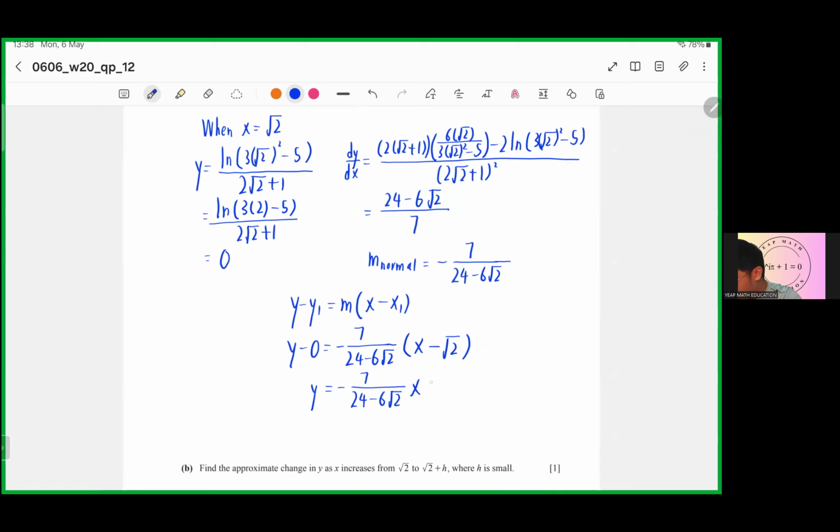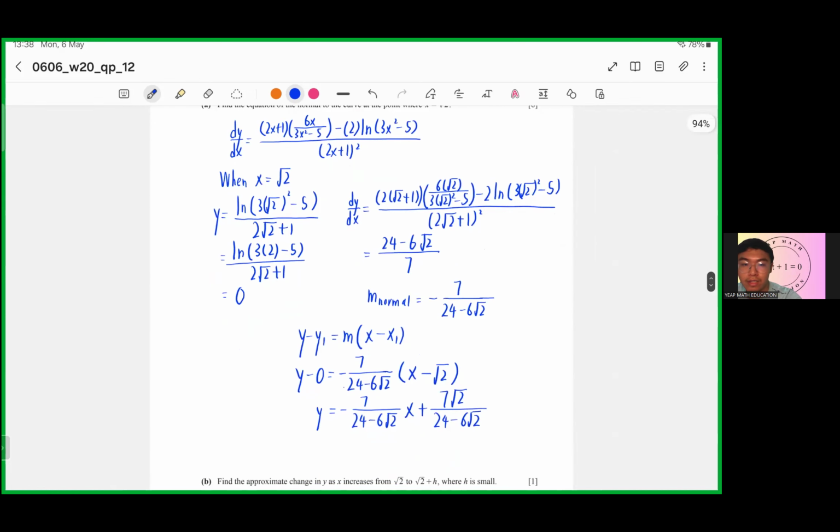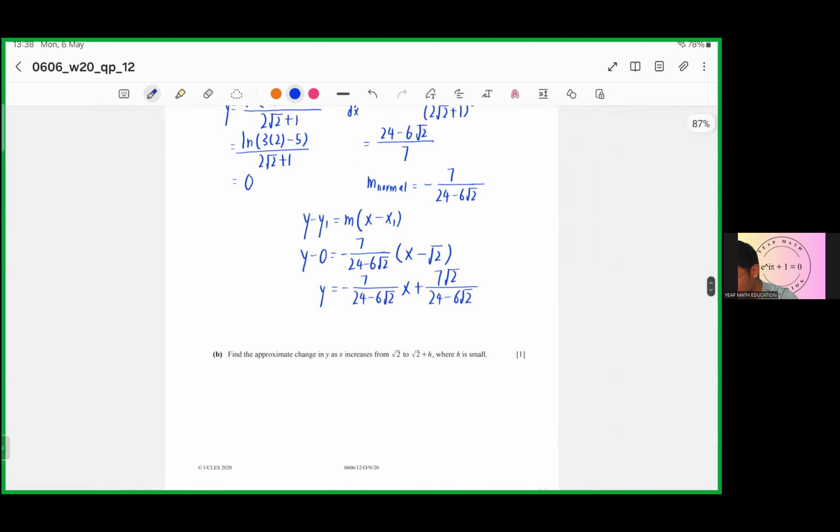Multiply, so we get... I hope all the guys can understand this, so we can look at question B.